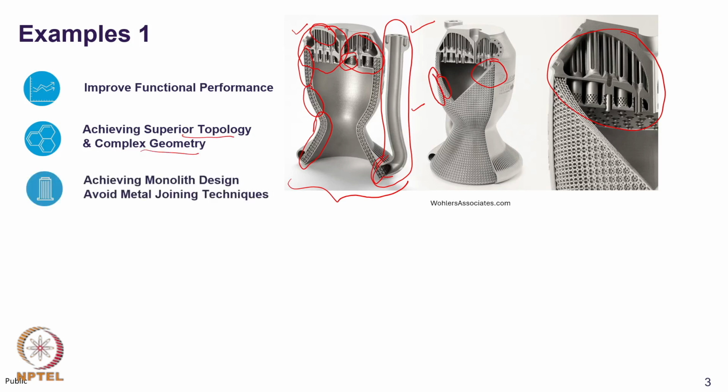Additive manufacturing, as we are now clear, offers monolith design which avoids joints in the large structure, corrosion and so on. Due to these microstructures, micro lattices and complex topology, the weight of this overall structure is much less as compared to a solid structure where the walls are made of solid material.